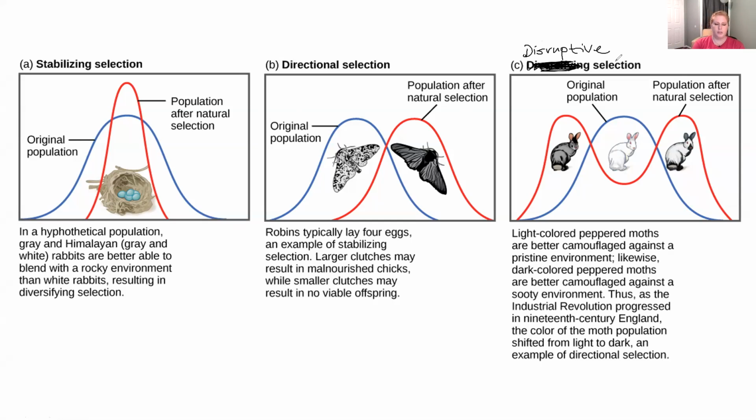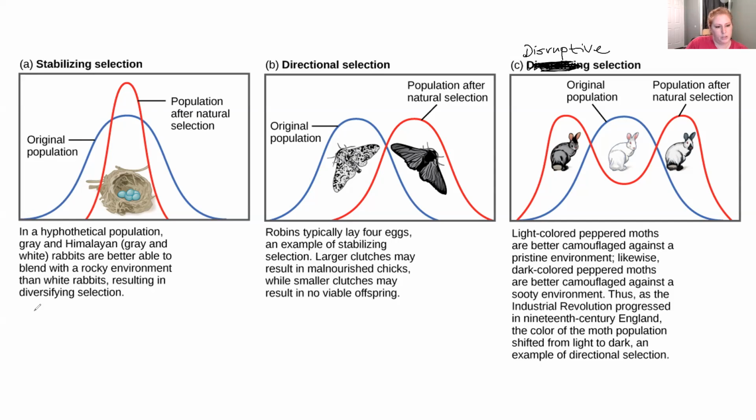So when natural selection happens, we can have a stabilizing effect, whereas you can see the original population in the blue line had more diversity. Stabilizing selection picks something that's going to be pretty much down the middle of the traits that are available.